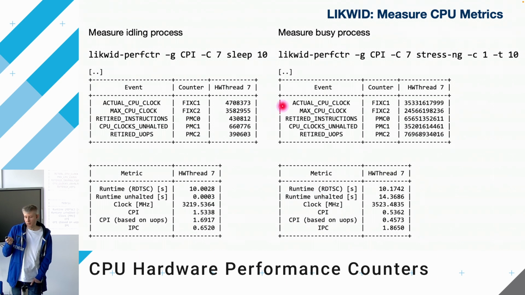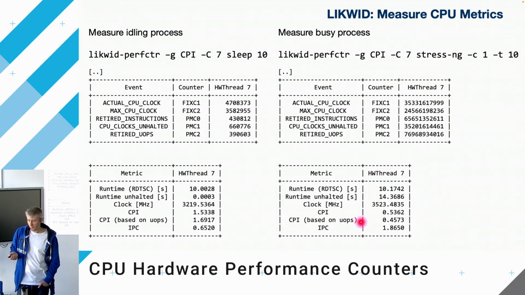And if we run this for a CPU stress test program, then we see that we actually have more instructions per cycle, as it was actually executing some instructions and doing something, and then we have a different value here.